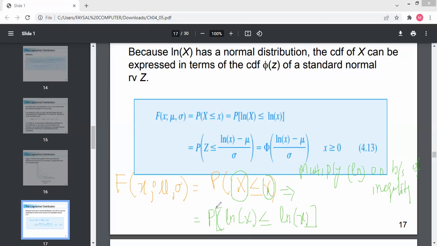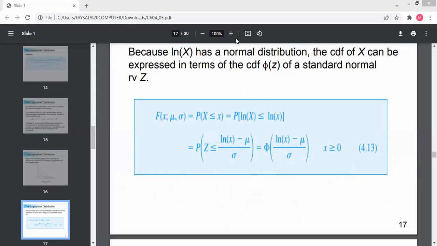This is the first notation when there are two variables, a capital X and a smaller x. For the log normal distribution, we have to apply log on both sides, so it will be log of X and log of smaller x. This is step one.